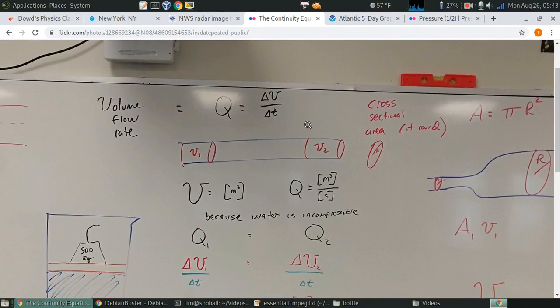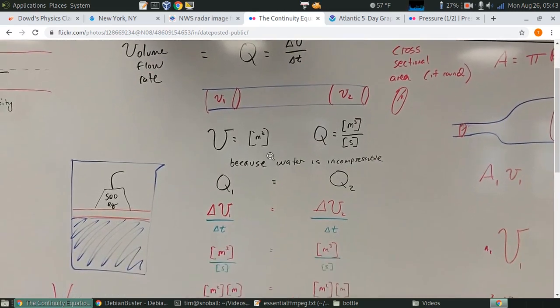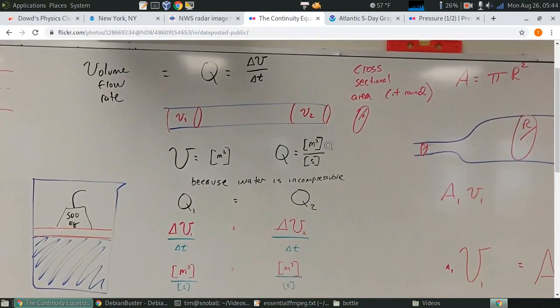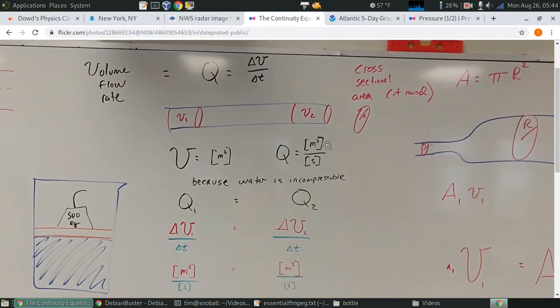So the best way I have to justify the equation we're going to come up with is to use unit analysis. So hopefully we can agree that volume is measured in cubic meters, and volume flow rate would just be the speed of cubic meters, or cubic meters per second. Let's just play around with the equations a little bit.